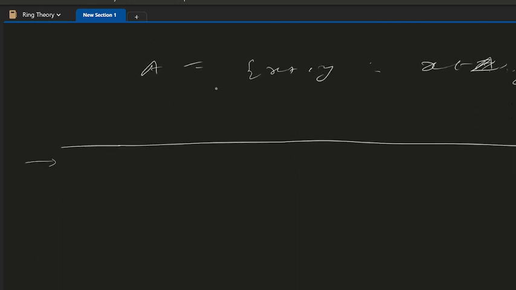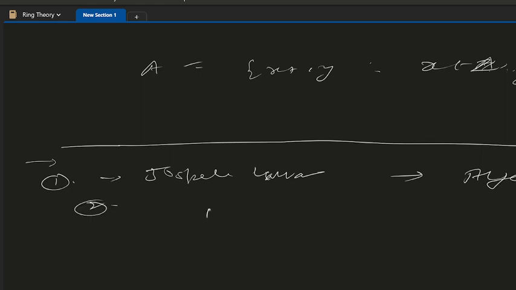Okay, I forgot to mention two things. There are various books you have to study. First of all, the name that comes is Joseph Gallian. It is a famous book. You must read it for algebra.